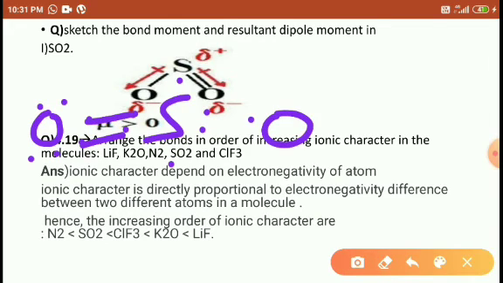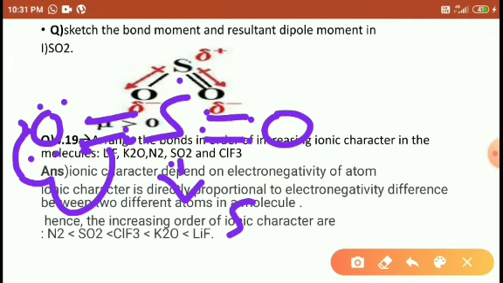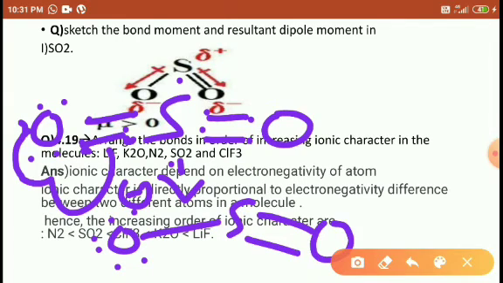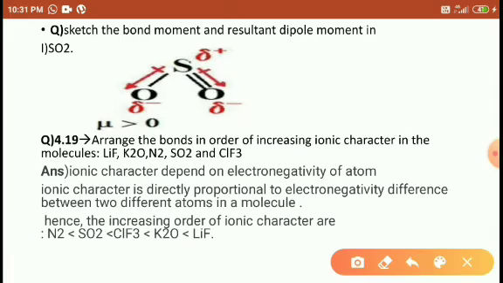Here also oxygen shares a pair of electrons to form a double bond. This pair of electrons is shifted to this side, so it becomes negatively charged, and the other side remains the same. So it means the dipole moment is greater than 0 here, right?